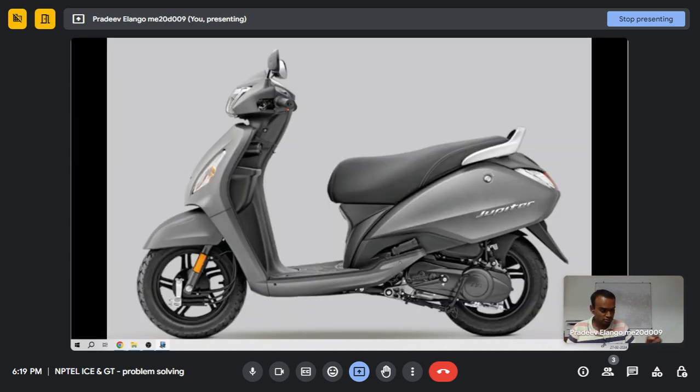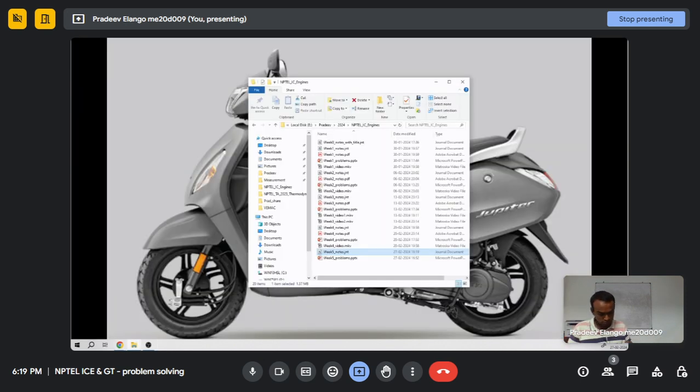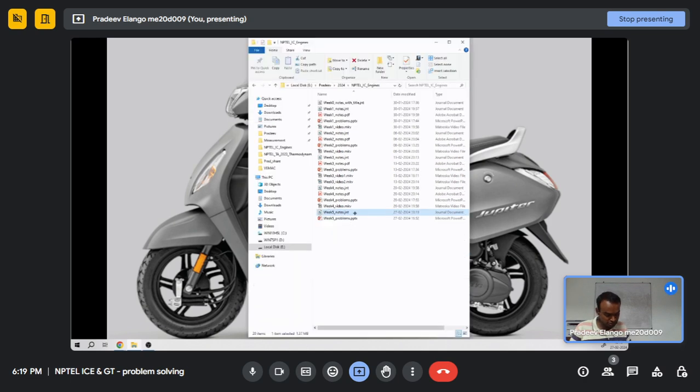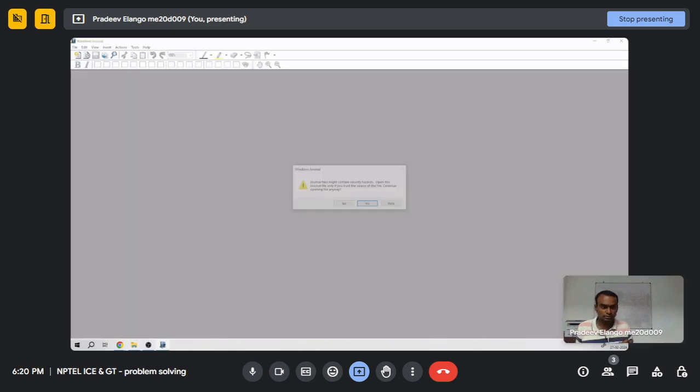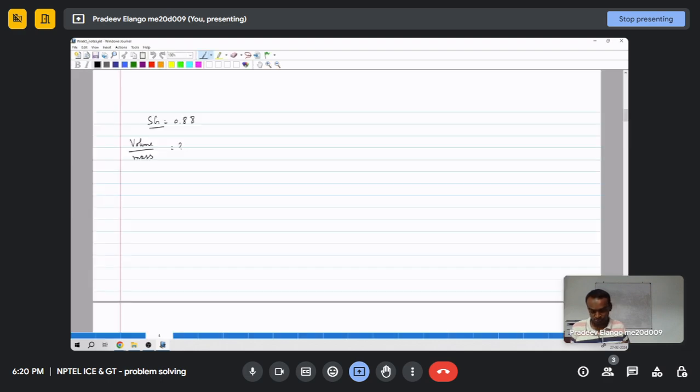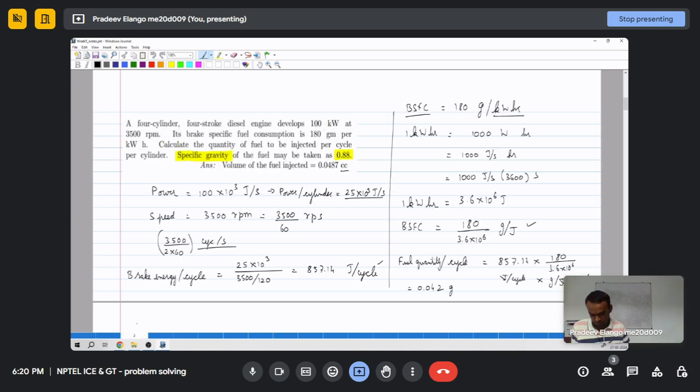Liquid. Then what is the difference between density and specific gravity? But the question gives specific gravity, and there is no unit given. It's only written as 0.88.